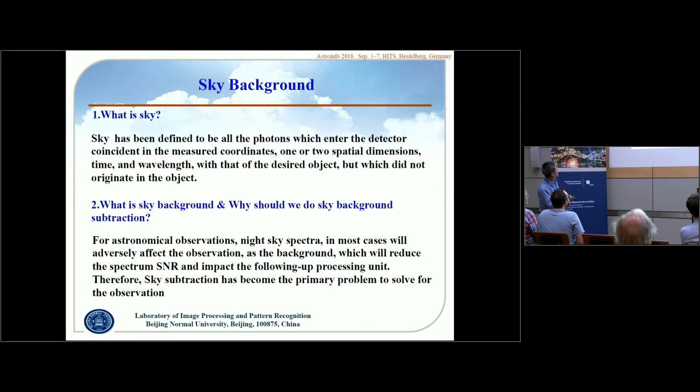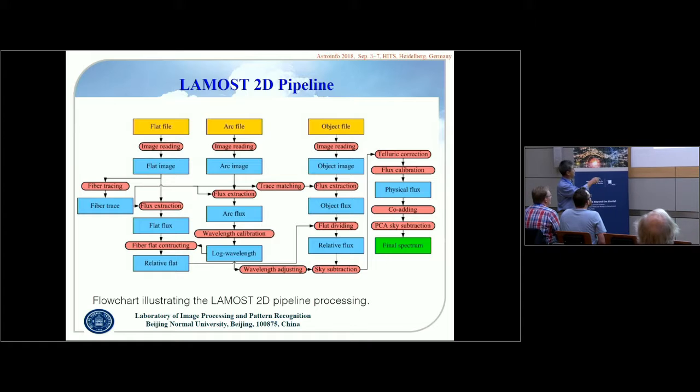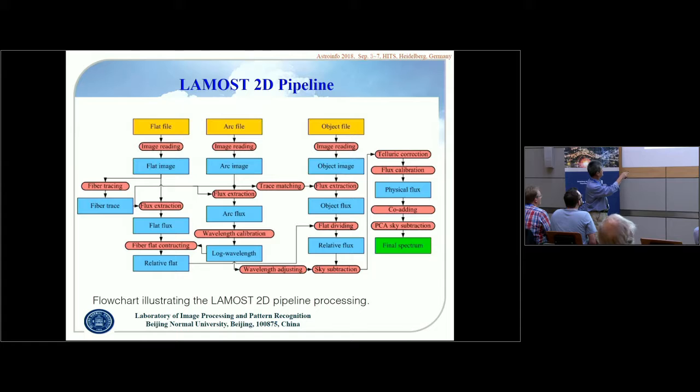We need some calibration steps: this is for the arc lamp, this is also for flux calibration, and this is for the CCD hardware to eliminate some noise.